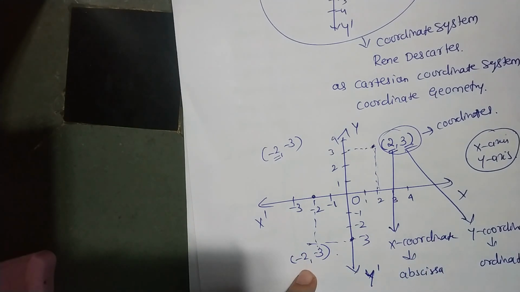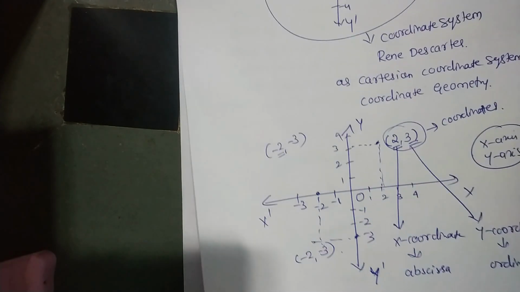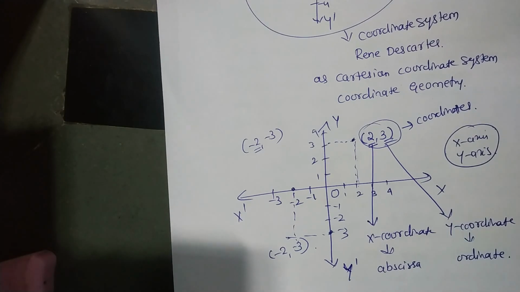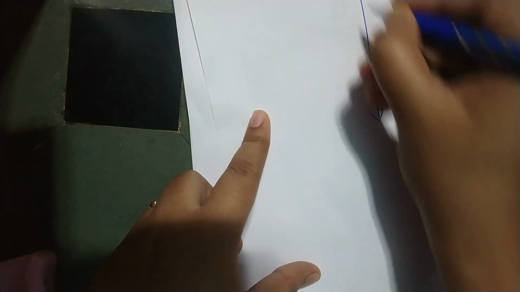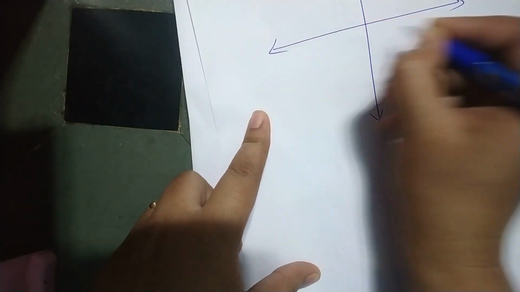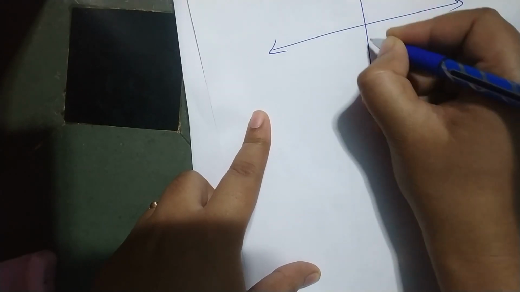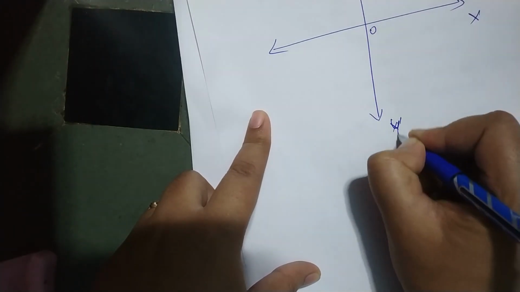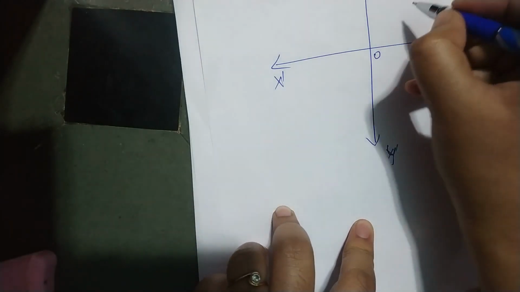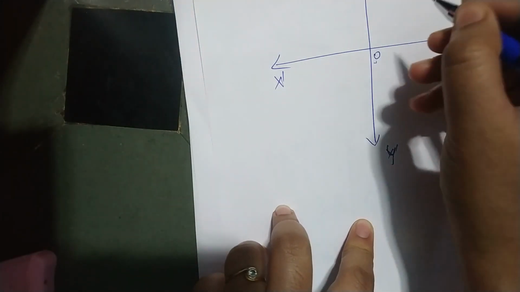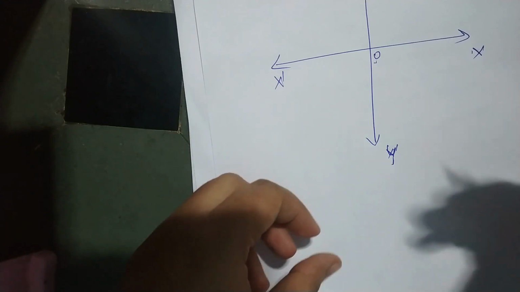This is also one of the coordinates. This is how coordinates work. The reference axes are known as coordinate axes. These coordinate axes divide the plane into 4 equal parts. These equal parts are known as quadrants.